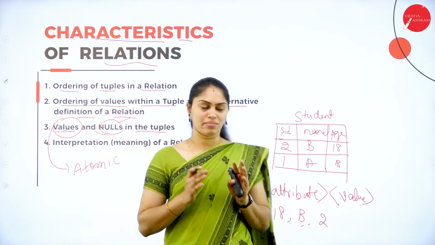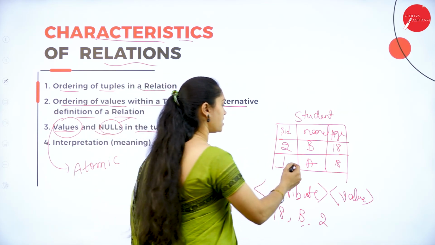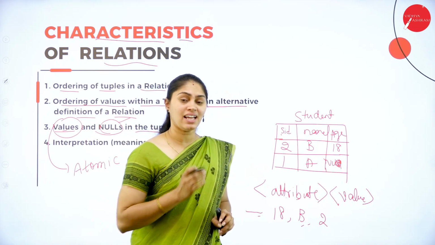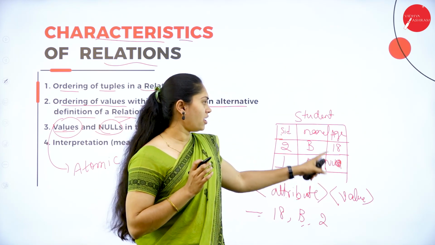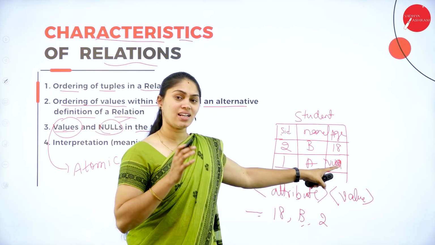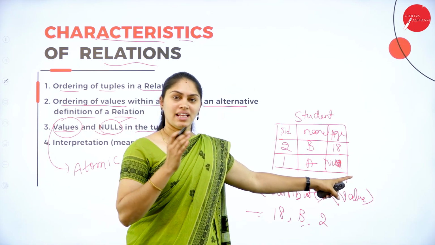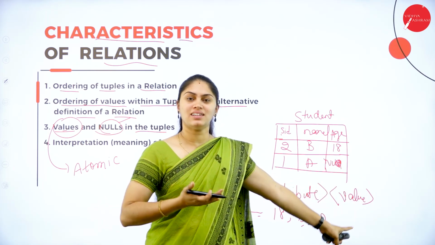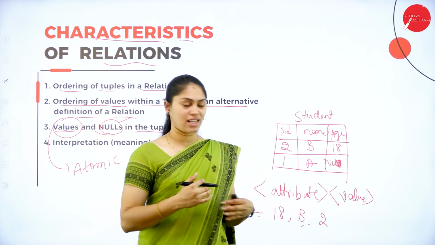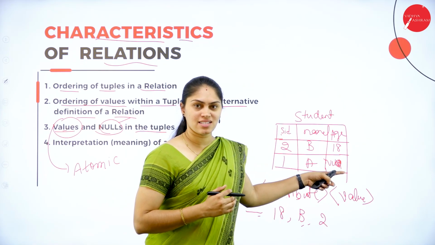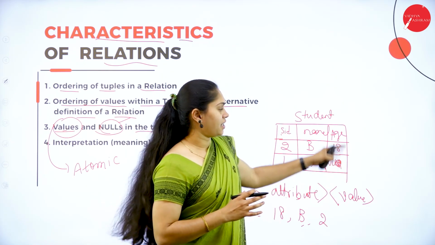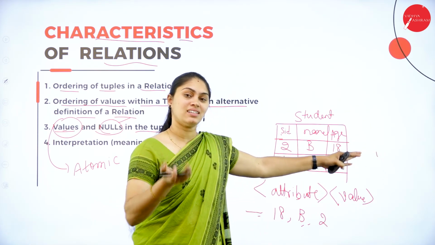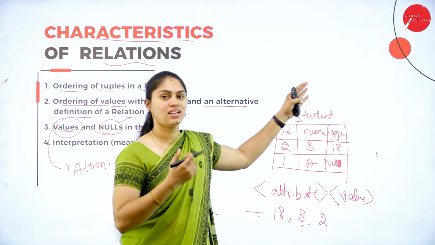In the example of student, if I am considering the age as null, then I should treat this null in a proper way. In the student table, if I am considering null as a missing value, in the same way I should use that null as a missing value in another table as well. In one table I can't consider this as a missing value, and in another table consider the null as a not applicable value, or a deleted value.